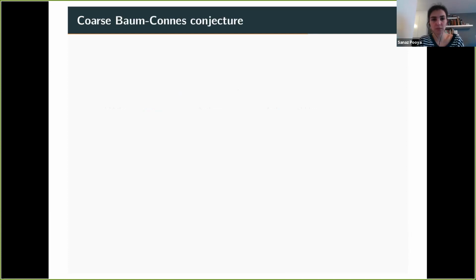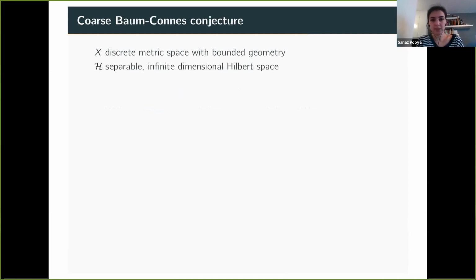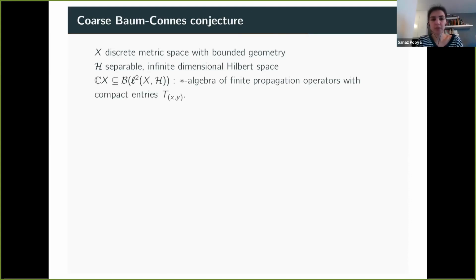We start with the standard assumption, namely X is a discrete metric space with bounded geometry. We have a separable infinite dimensional Hilbert space, C of X inside bounded operators on L2 of X, with H being just a star algebra of finite propagation operators with compact entries.